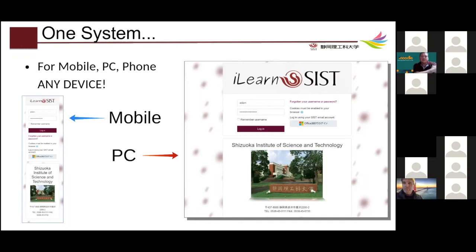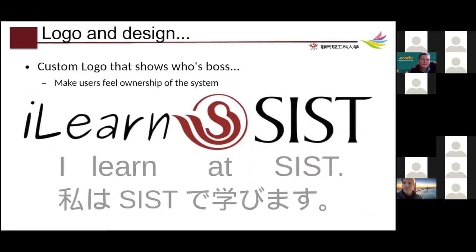So when you see students actually sitting down on the train, fiddling with their mobile phones, many of them were actually studying. They were logging into the site and checking their class content for the day. So we made sure that the mobile interface was definitely going to be a priority so that we could encourage that behavior, because we thought, hey, that's better than playing games on their phones.